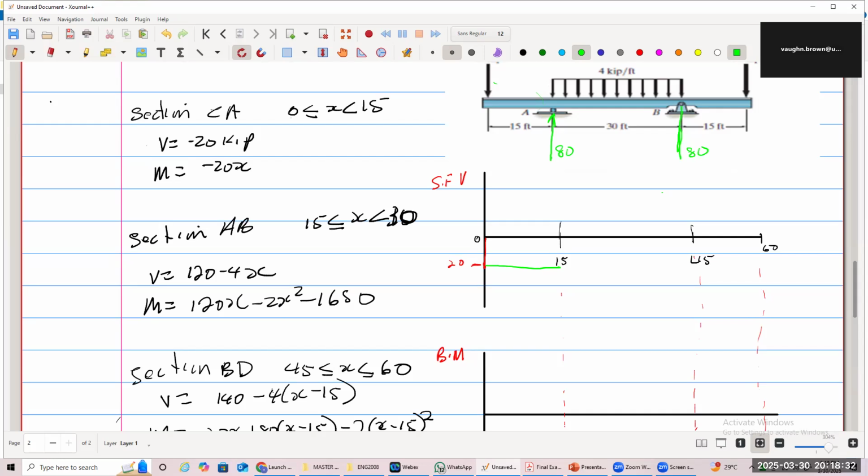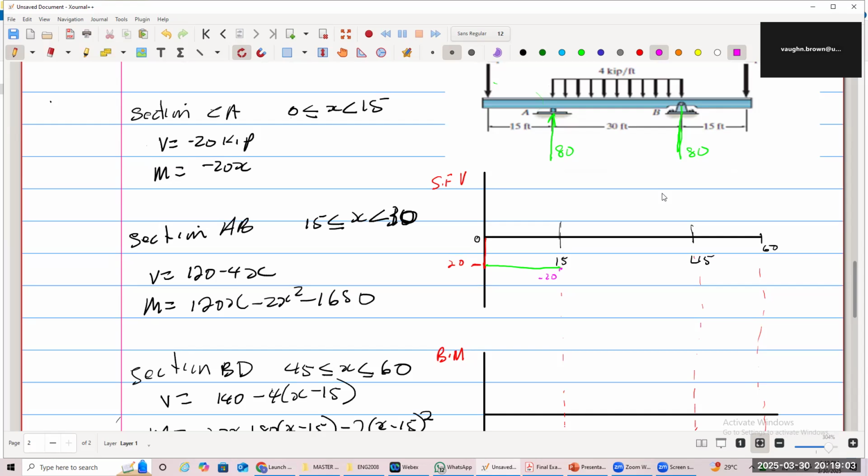Once you know that is minus 20, I can draw the shear without even having the expression and looking back at it. Because this is 80 and this is a minus 20 here, you have an 80 going up. The first thing I know is the line is going to go straight up.